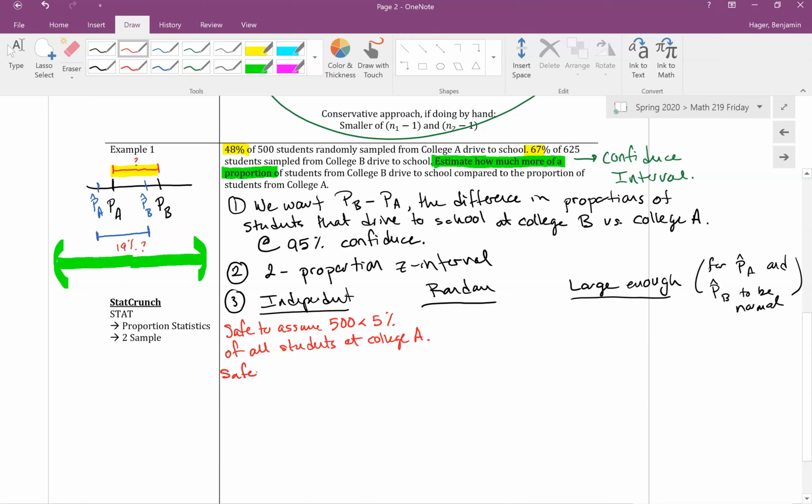So let's assume that 625 is less than 5% of all students at college B. And so we can treat them as independent.